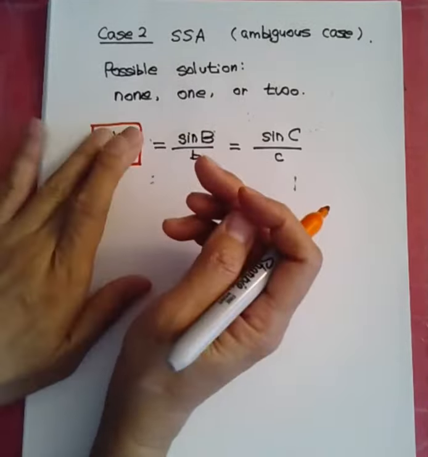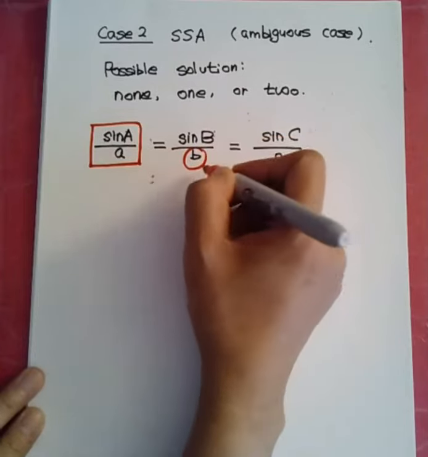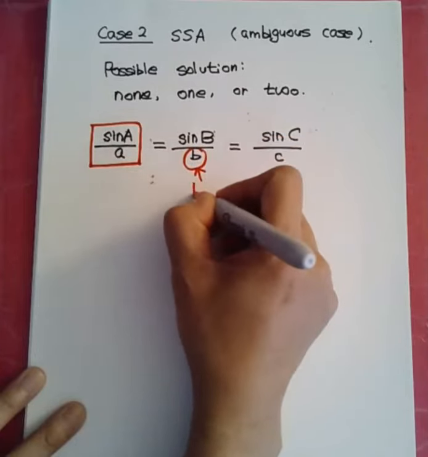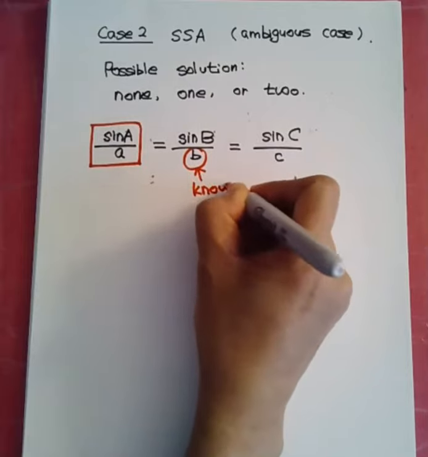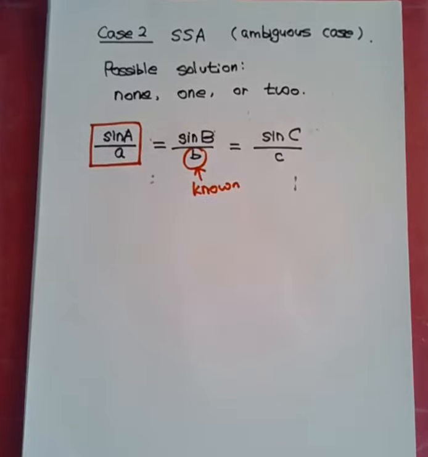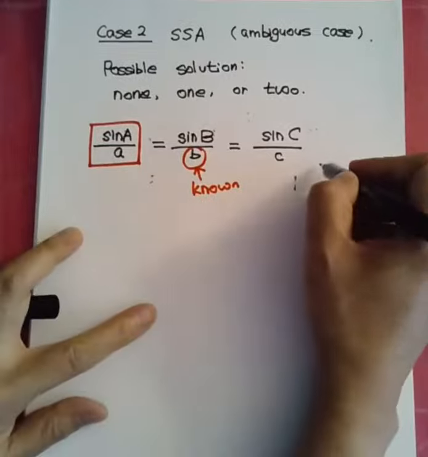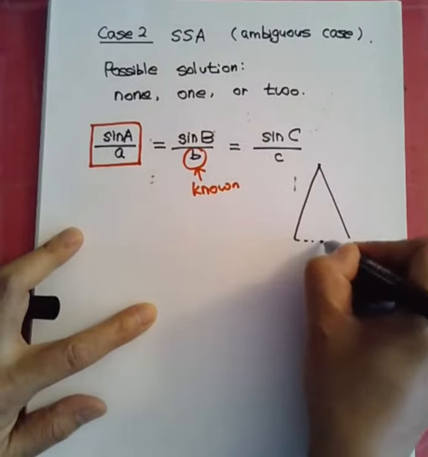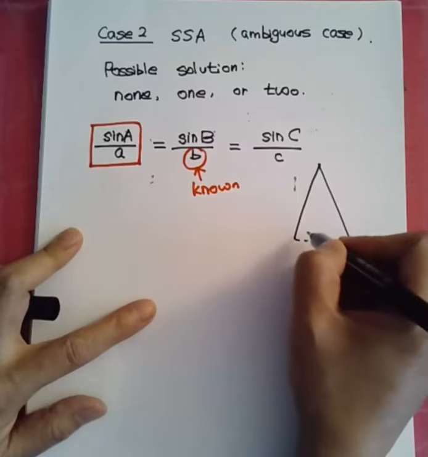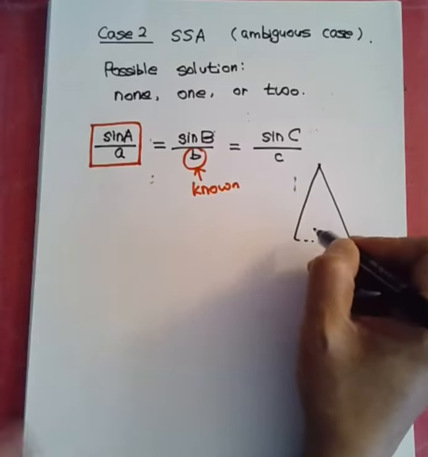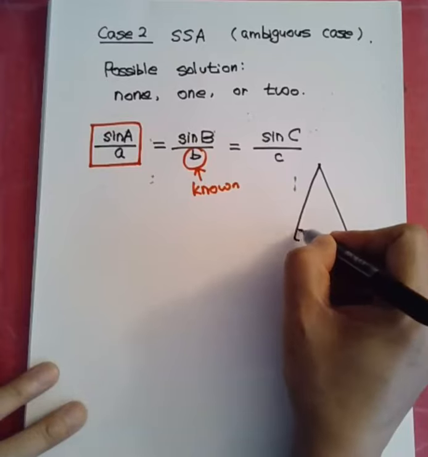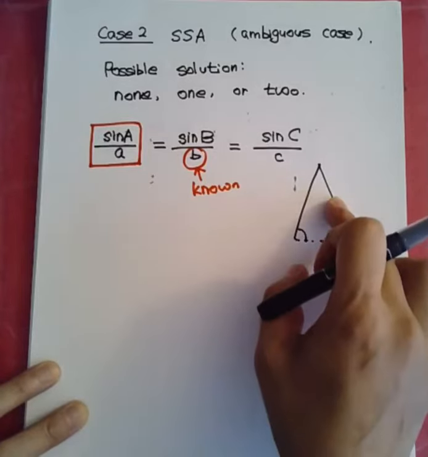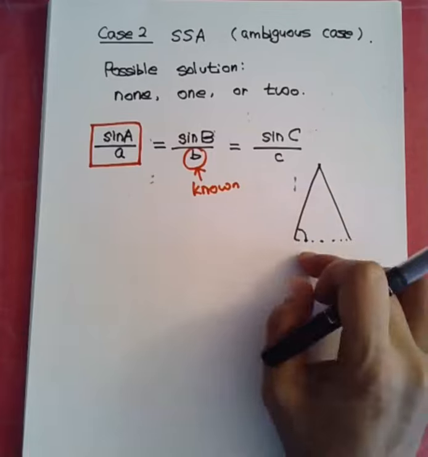So this fraction is just a number, and in this case, one other side length is known. This is known. So if there is only one triangle which exists, which might exist or might not exist, then the case looks like this. Two side lengths are known, and one angle is known.